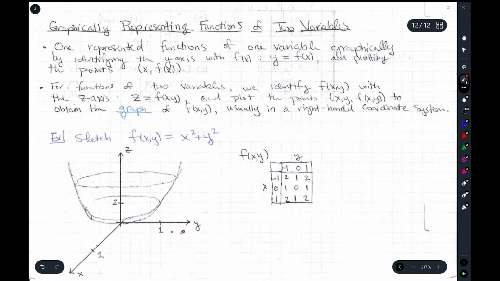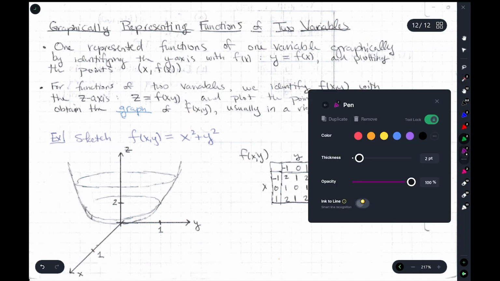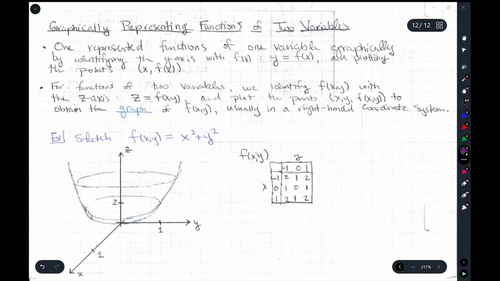And here, again, say we want to know what the value of f is at this point here, 1, 1 on the xy-plane. Well, f of 1, 1 is equal to 1 squared plus 1 squared, or 2.